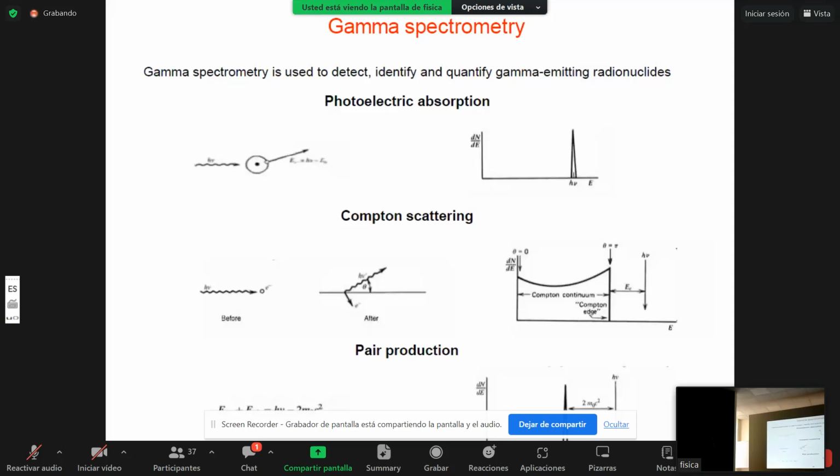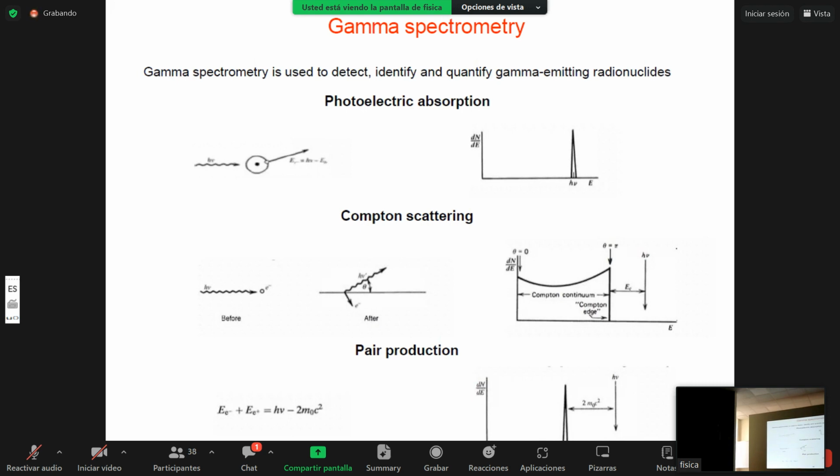electrons. And the main thing which we care about gamma rays is the topic which is called gamma spectrometry. This is the idea where you should detect, identify, and quantify gamma emitters. Why is it so important?